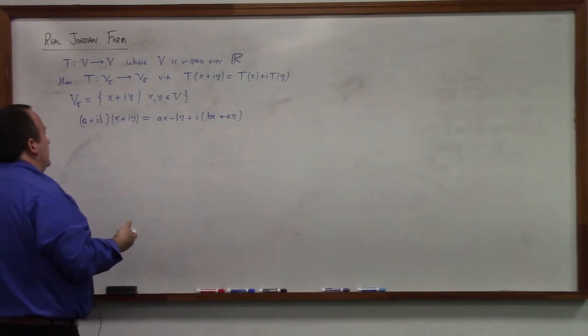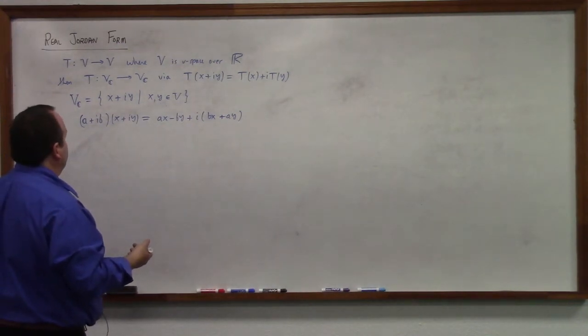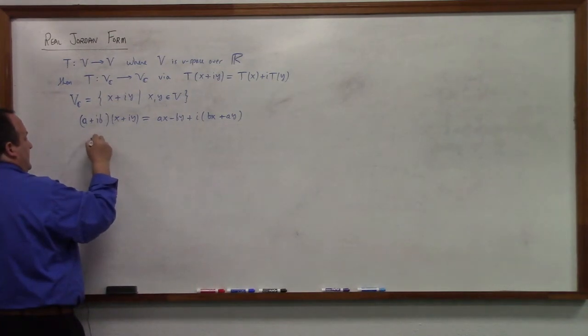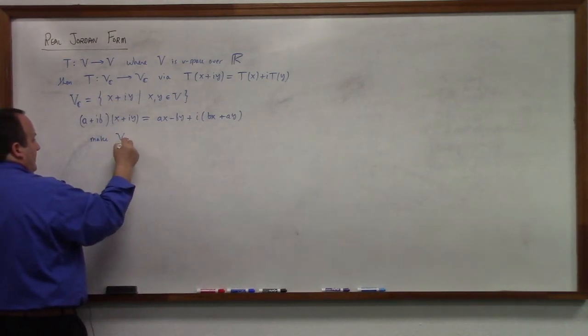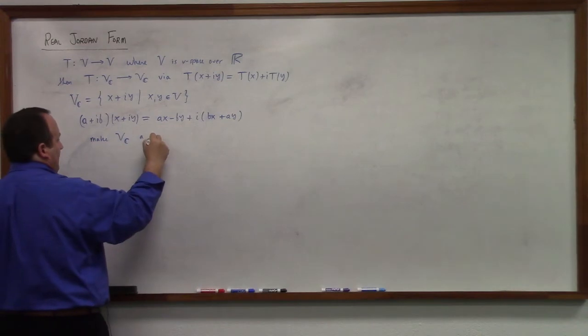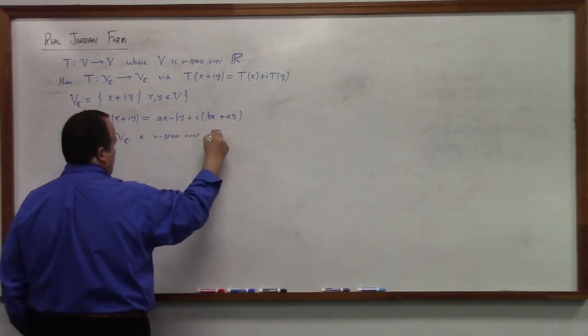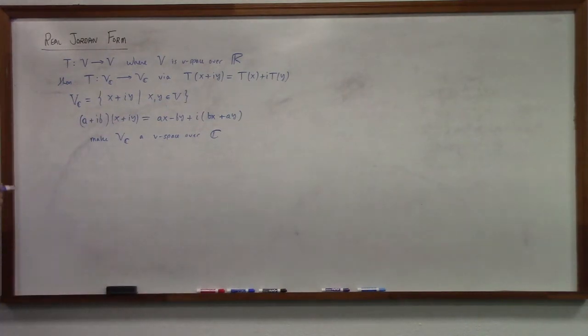So you could look at it this way. This makes V sub C a vector space over the complexes. Okay, it's a complex vector space. All right, and well, that's pretty good.